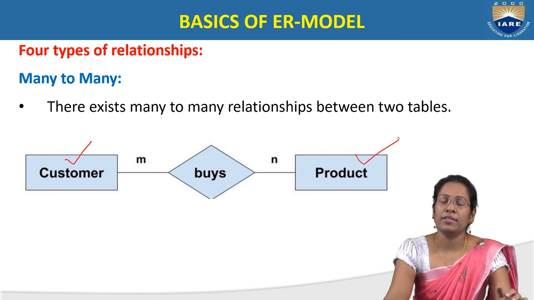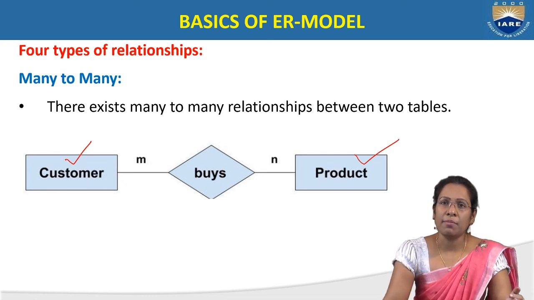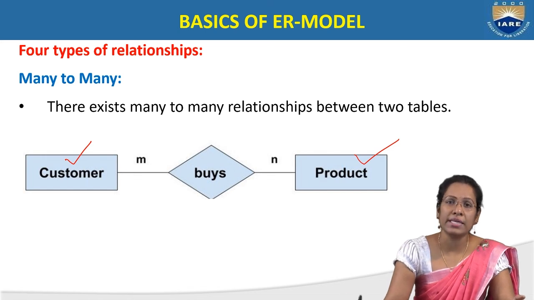In online purchasing, many customers can buy the same product or many different products, and many products can be bought by many customers. So here a many to many relationship exists between the customer and product in the online shopping management system.